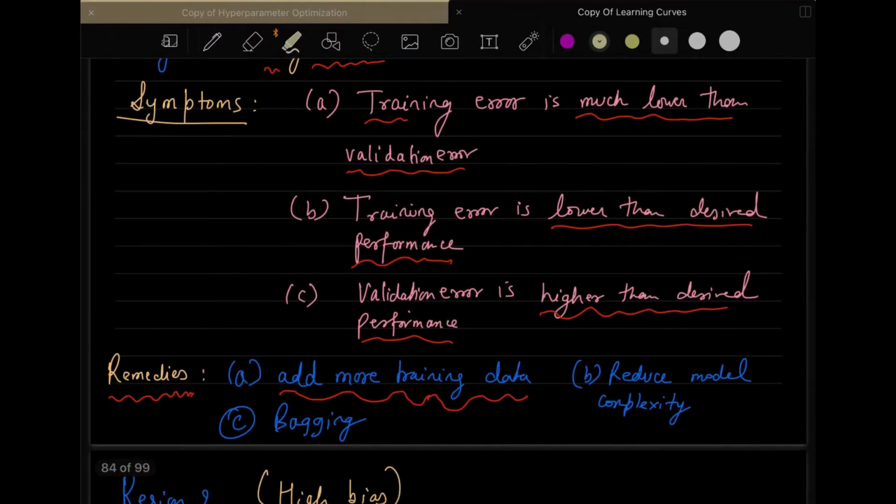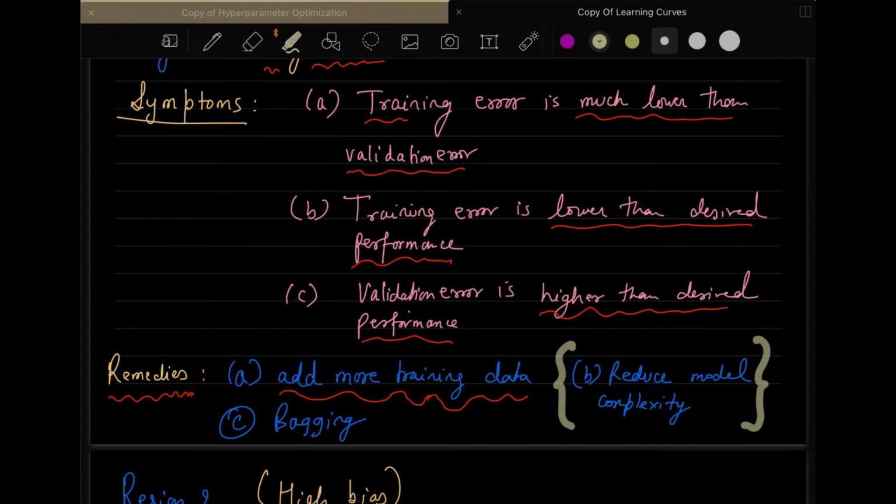And the second thing is to reduce the model complexity. You already know that you may have a very highly complex model having multiple features which are weighted by multiple weights. If you want to reduce the model complexity, you can do it by moving some of the weights attached to some of the complex features towards zero.